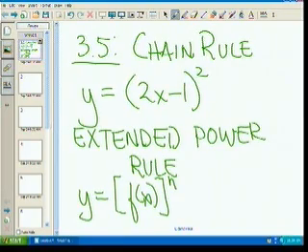We've got an inside function, some f of x, and that f of x is being raised to a power. So the power rule would say that we would take this exponent, n, times the same inside function to one degree less, and that's where the power rule ends.